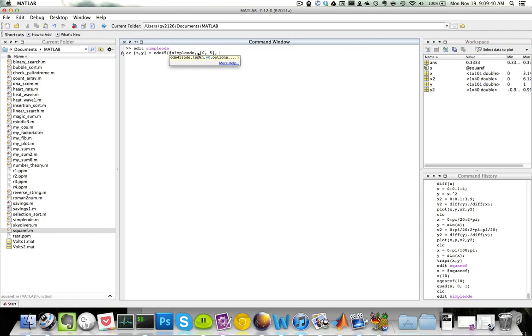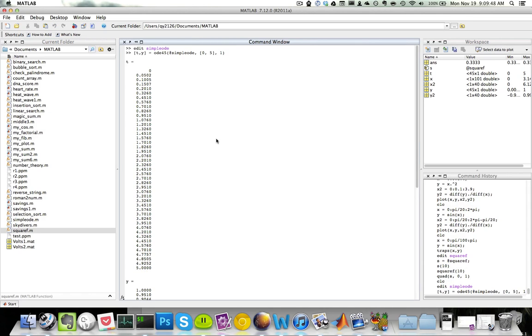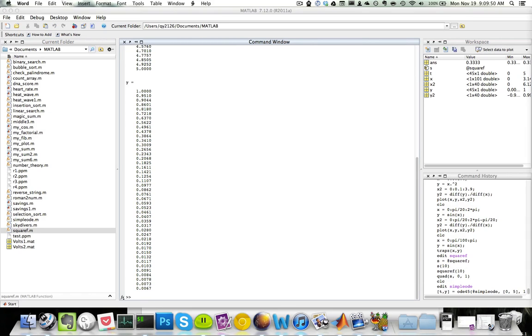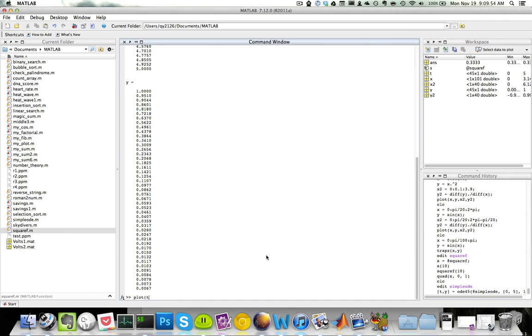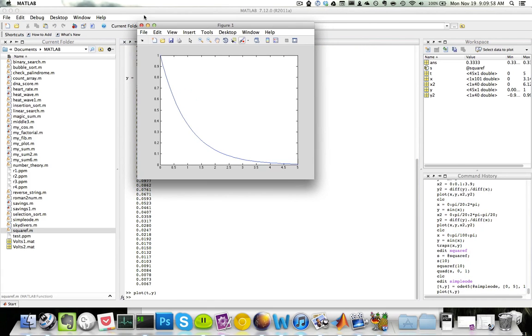I want my y0, which is my initial condition, to be 1. Now I have the t values and y values. So finally, let's plot our y versus t graph. plot(t, y). When we look at our graph here, the graph should make sense, as the solution to the ODE is y equal to e to the negative t, which is an exponentially decaying function.